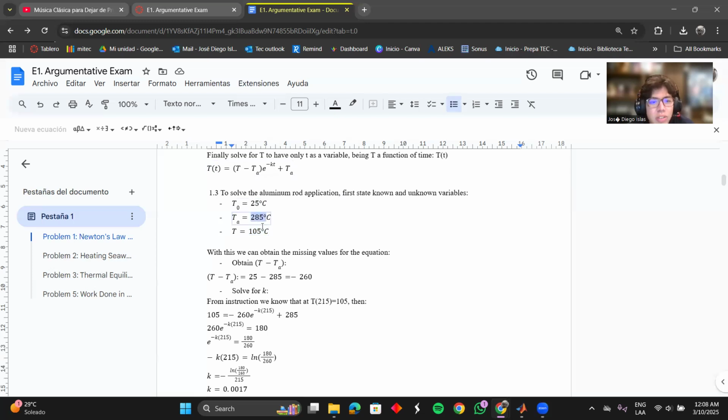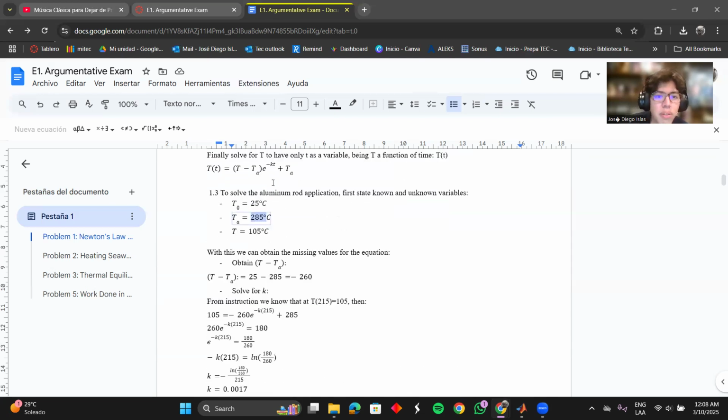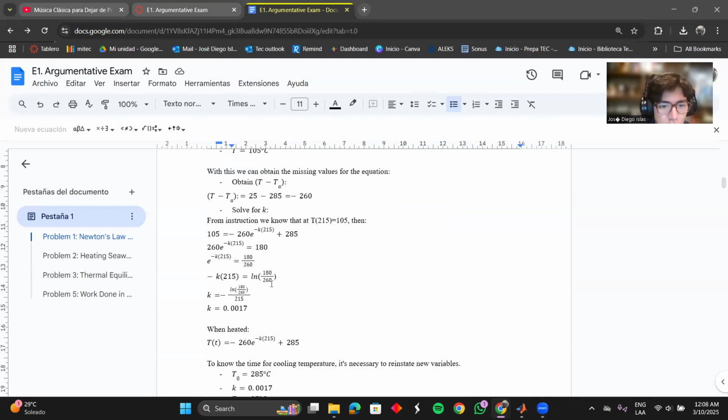The object is obtaining energy from the oven, right? What we're looking for here is the value of k, the constant, because we don't know it. So we plug in the values that we know and solve for k.